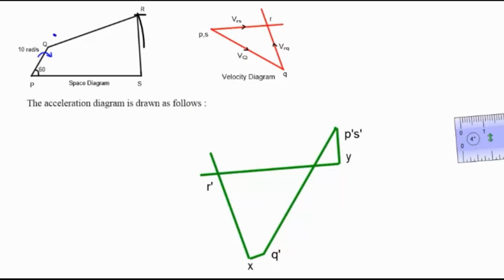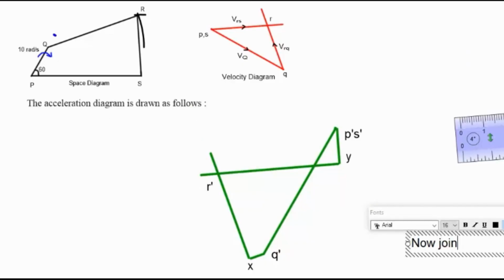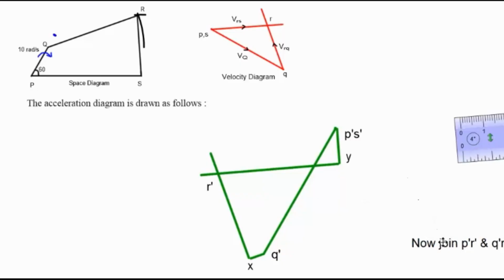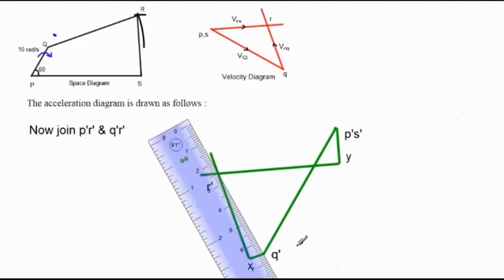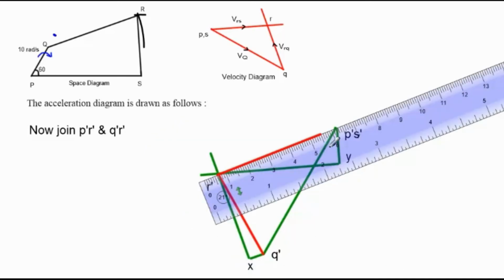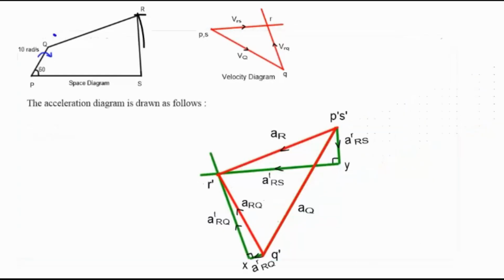Now our requirement is to determine the acceleration of QR, therefore join the Q dash and R dash points. Similarly, to determine the acceleration of link SR, join the S dash and R dash points. The red line indicates the required total acceleration, whereas the blue ones represent its components.